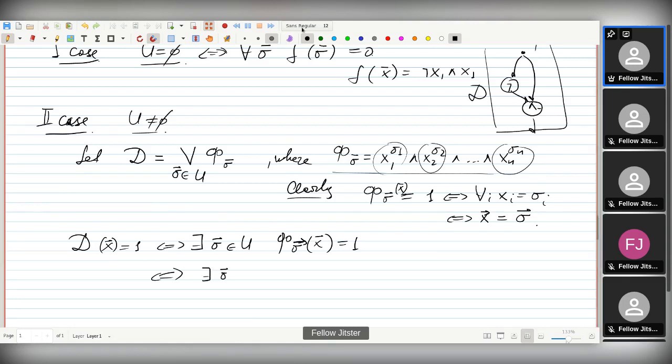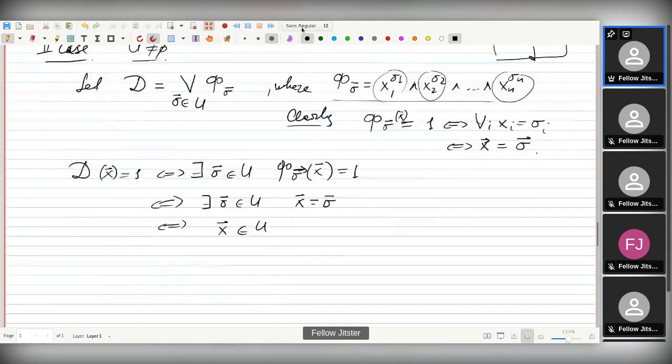So x equals one of our sigmas, that is input itself belongs to U, that is our function f at x returns 1.